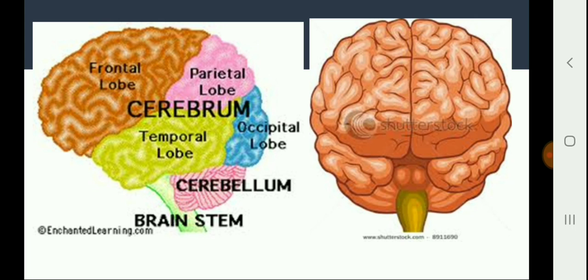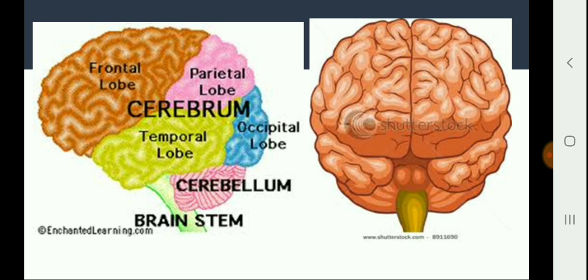The cerebellum and the brainstem, you do not need to label these parts. What we're going to refer to these as is the hindbrain, as in behind, HINDBRAIN. The hindbrain is what connects the brain to the spinal cord. Okay, this is on the right here. We have a right hemisphere and a left hemisphere.